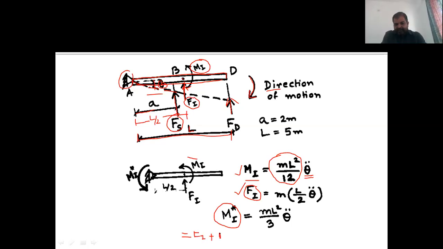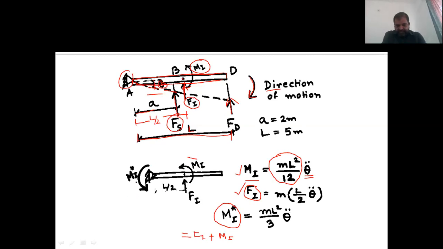If you do Fi plus Mi, then you will get ml square by 12 plus ml by 2. Then this particular formula will come into effect. Basically you need to take the area of this. So this is your Mi.